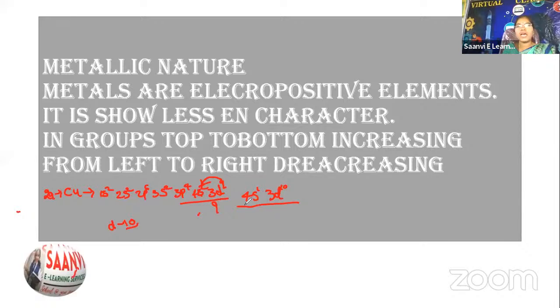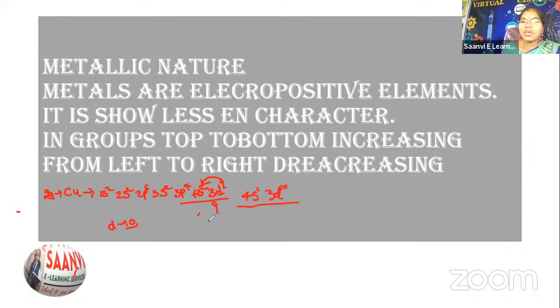Only metals, I am telling about the metal character. The elements filling the d orbitals are known as D block elements, which are metals.